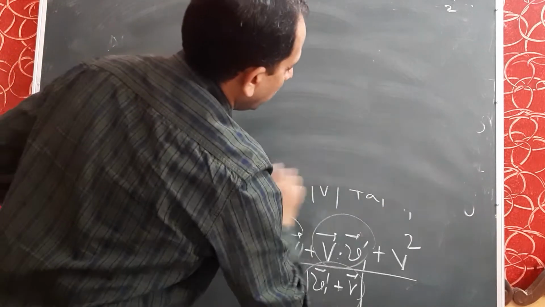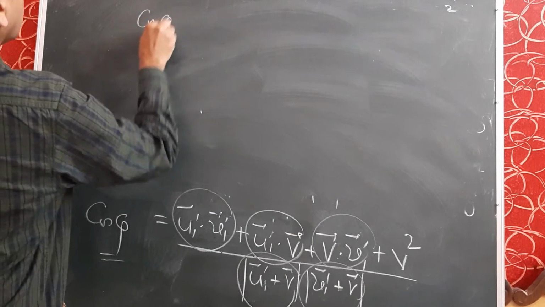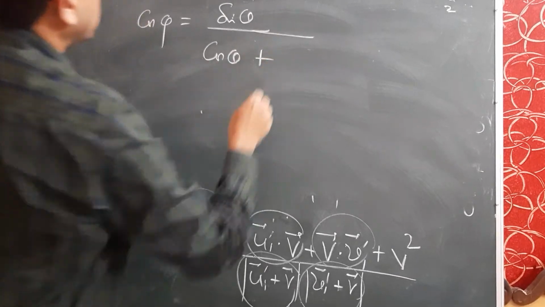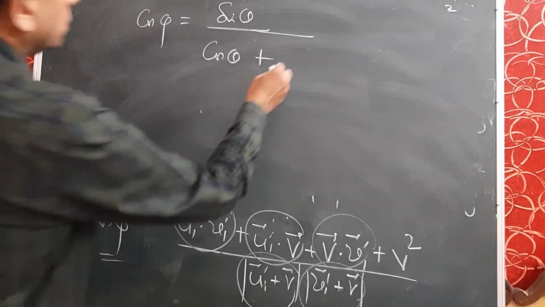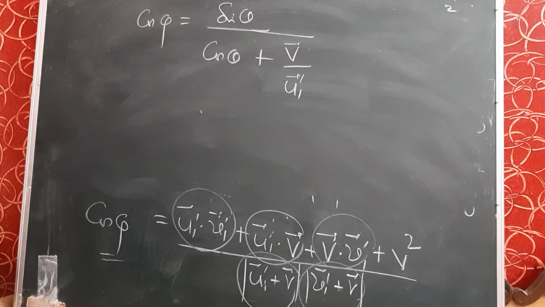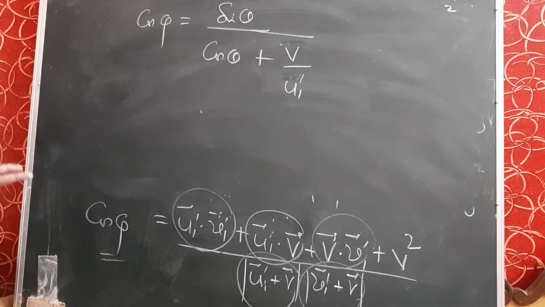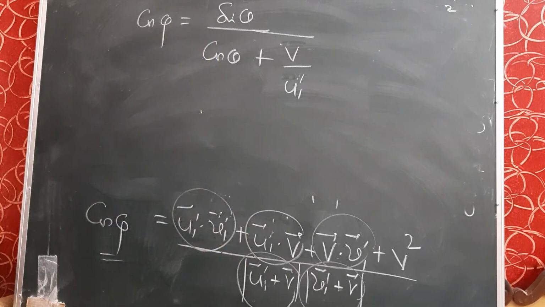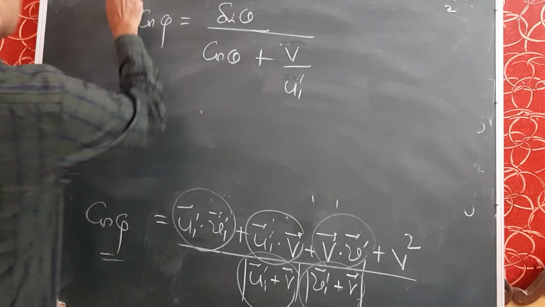On putting and solving these equations, we will finally get cos phi equal to sin theta over cos theta plus V upon u1'. So finally, these are scalar quantities. You can solve by yourself on putting these values, which I have already proved, and solving all these equations, you will find this final result.